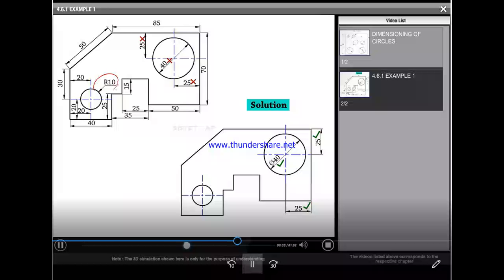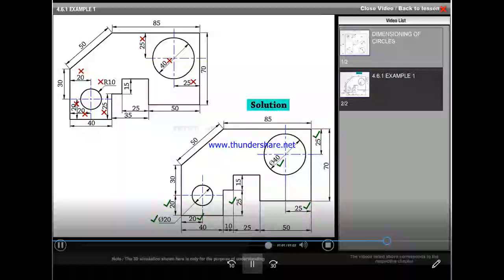The dimensions are to be neatly represented appropriately. Now identify the red indications, that is, the cross indications or wrong indications.